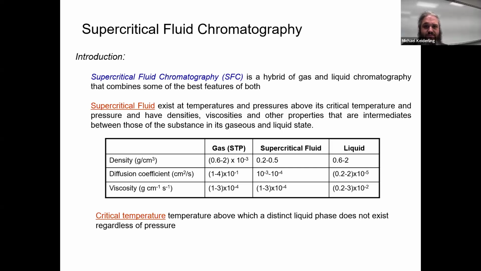When you take a substance above its critical pressure and temperature, you get a state called a supercritical fluid, which is in between gas and liquid.